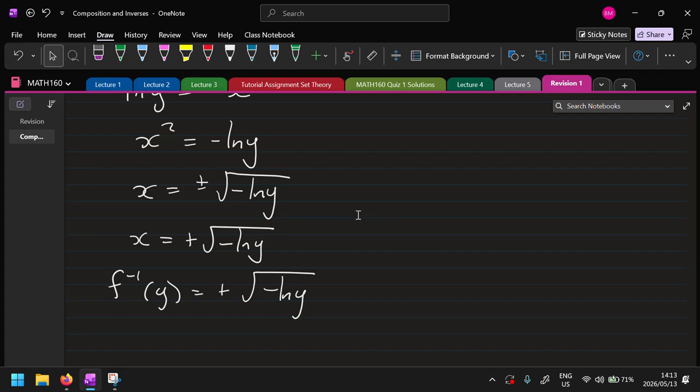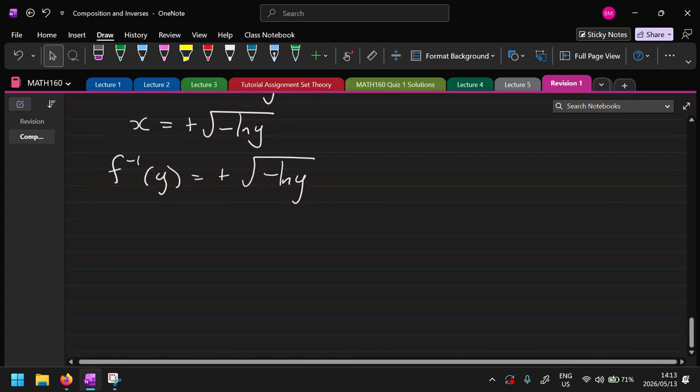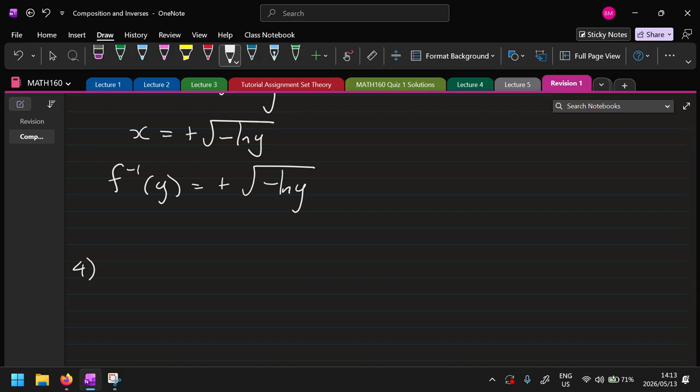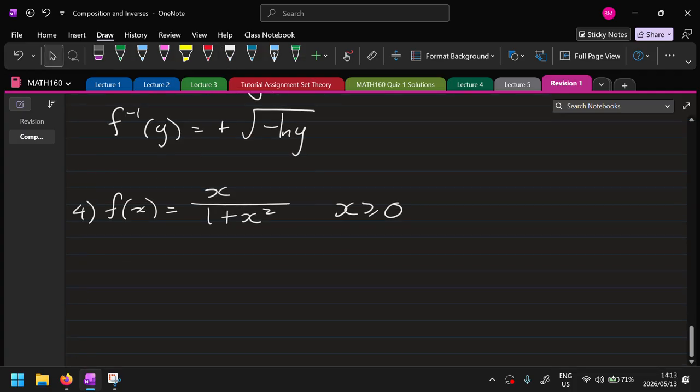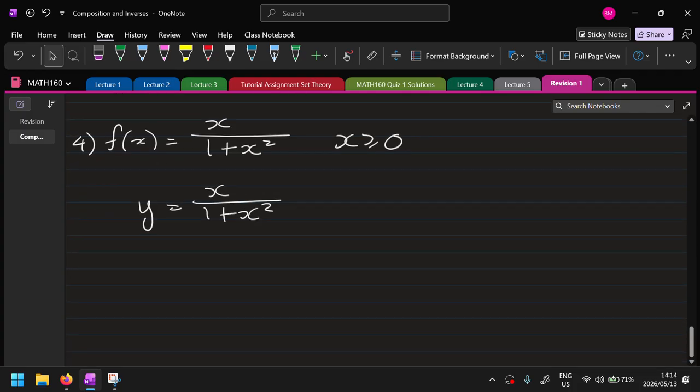Oh, good. Okay, got one more here. So we got f of x is equal to x over 1 plus x squared, and our domain is positive. Okay, same idea. We're going to call f y. Okay, now we want the inverse, so instead of y, we want x. So let's do a little cross multiply there to get rid of the fraction.